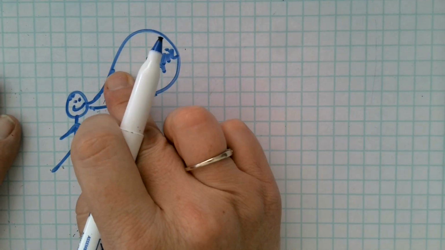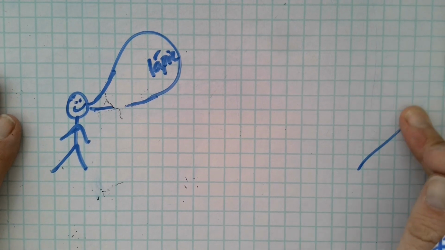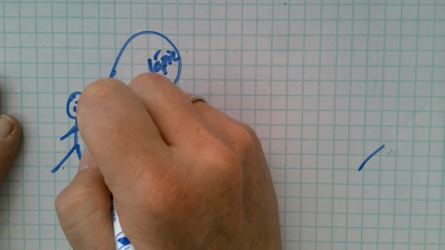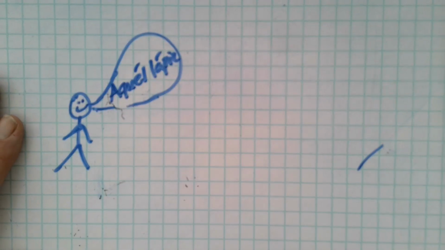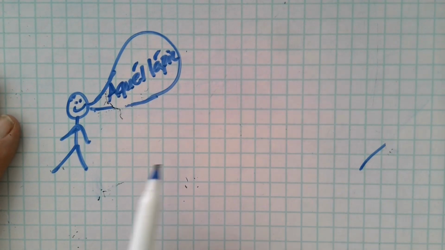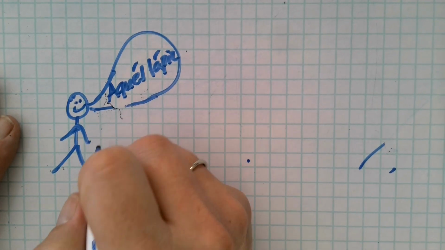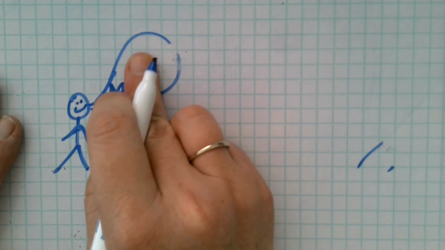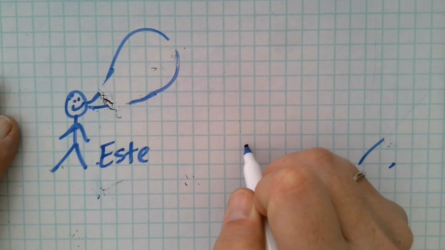Ese lápiz. And if it was really far away, it would look really tiny, right? He would say, aquel. Okay? So, este, ese, aquel. As it gets further and further away, you see that it changes.